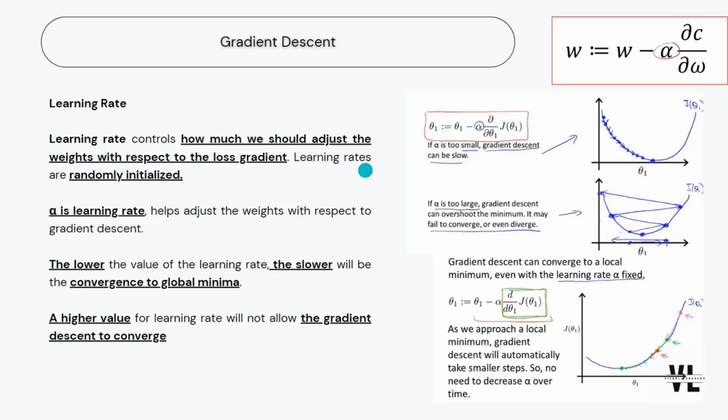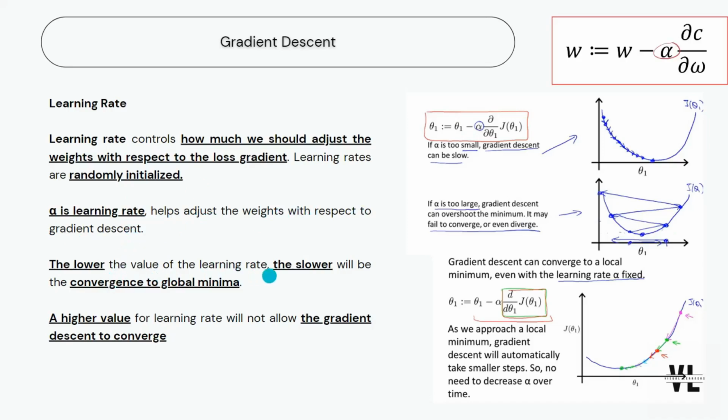But learning rates are randomly initialized, and we try different learning rates until we find the one that works best for our model. We use the Greek letter alpha for learning rate, but there are other letters that we can use also, but in this case we use the letter alpha, and it helps in adjusting the weights with respect to gradient descent.